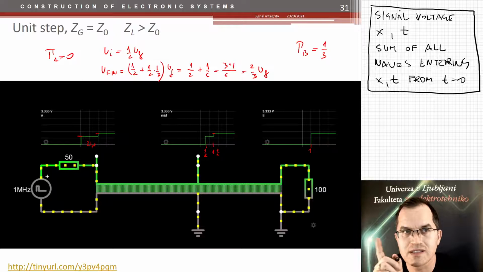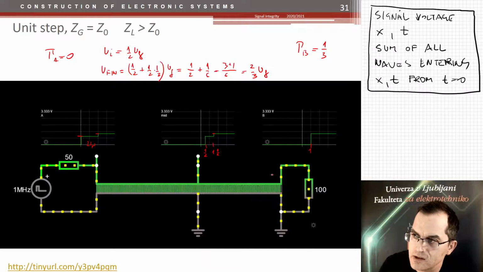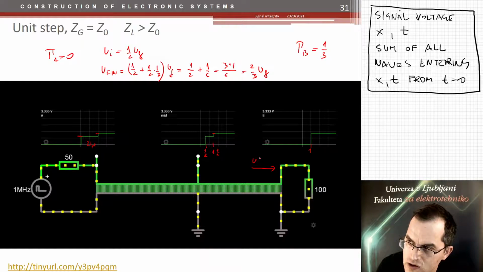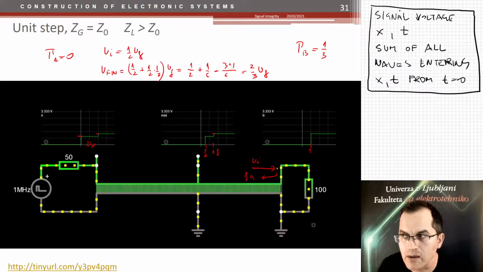Signal voltage is a sum of all waves entering at X and T from the time 0. But you see there are 2 entering this point. One is the initial voltage and the other is the reflected one, 1/3 of the initial voltage. And they come and are reflected at the same time. Therefore, this voltage here is equal to the sum of both at the same time. And this is this value here.